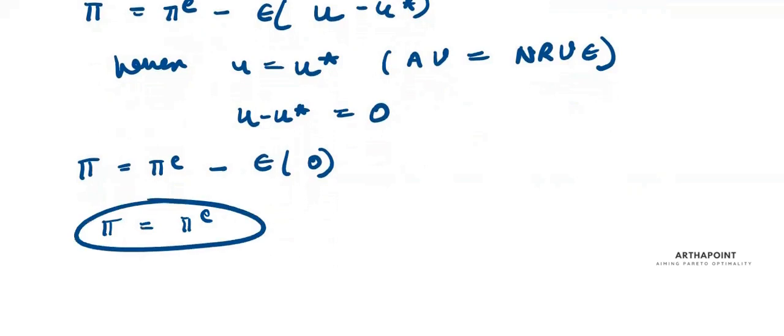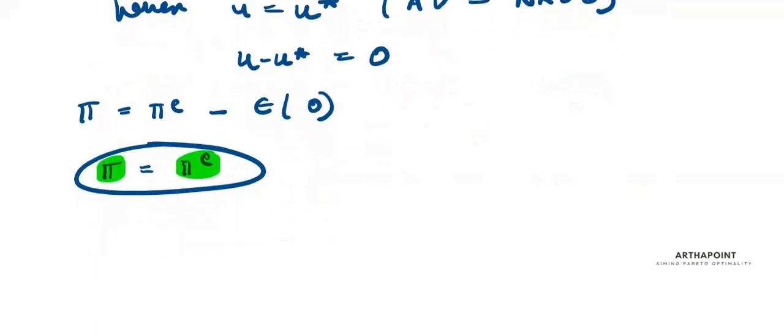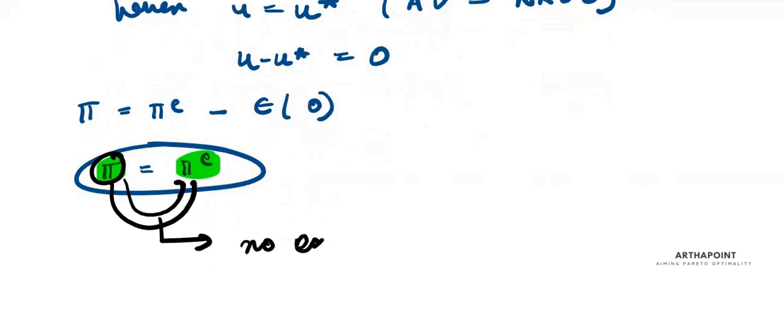So you're getting that pi is equal to pi E, which means actual inflation is equal to expected inflation. If actual and expected inflation are equal, which means every person knows what expected inflation is, then there will be no unexpected inflation.